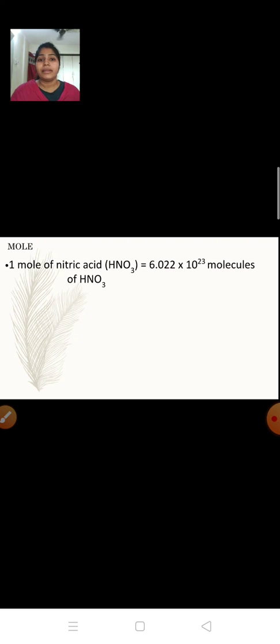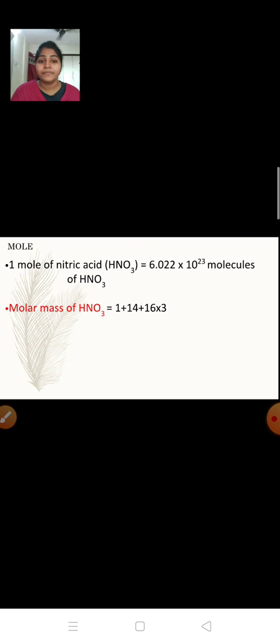Now let us take example of nitric acid, that is HNO3. Now 1 mole of nitric acid will contain 6.022 into 10 raised to 23 molecules of nitric acid. So what will be the mass? Okay, we have to find the molar mass of nitric acid.